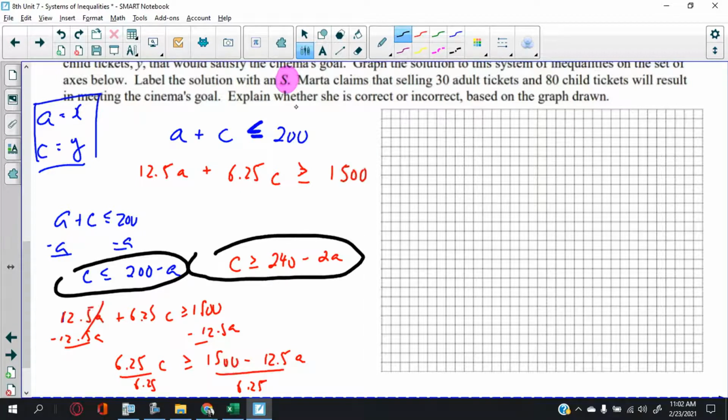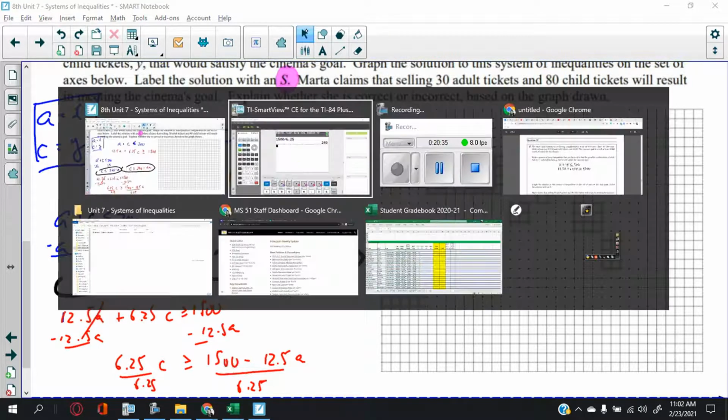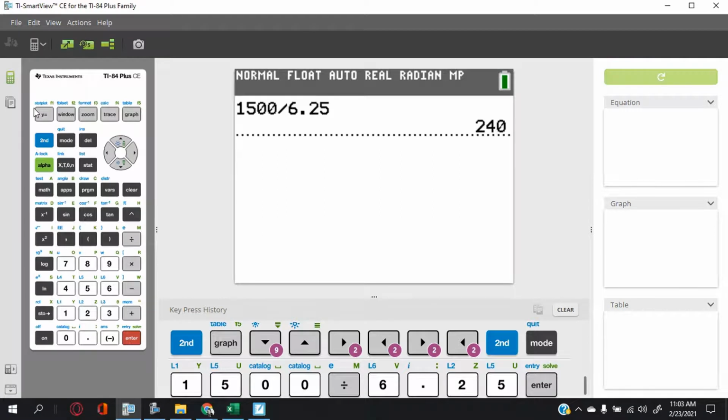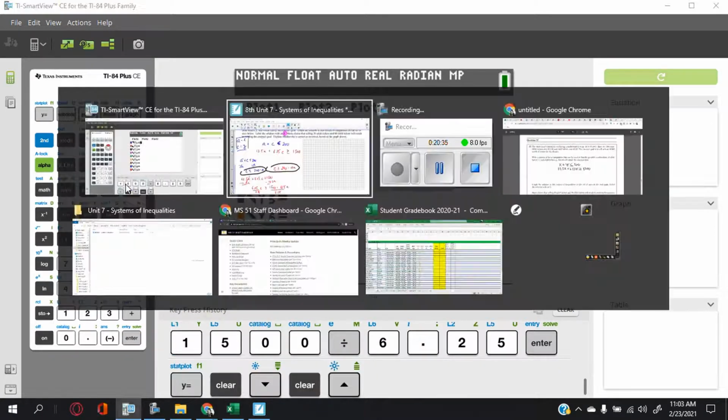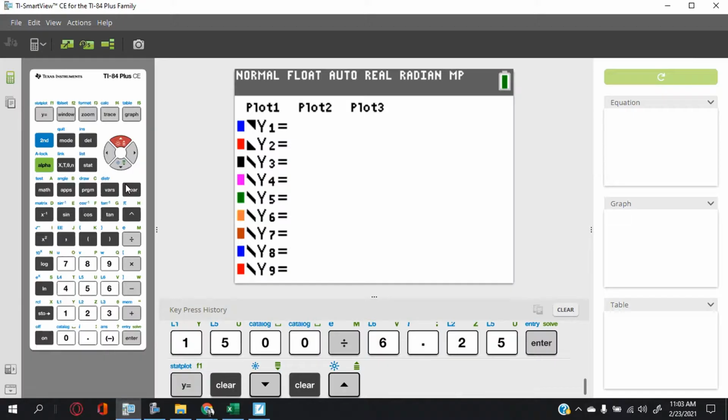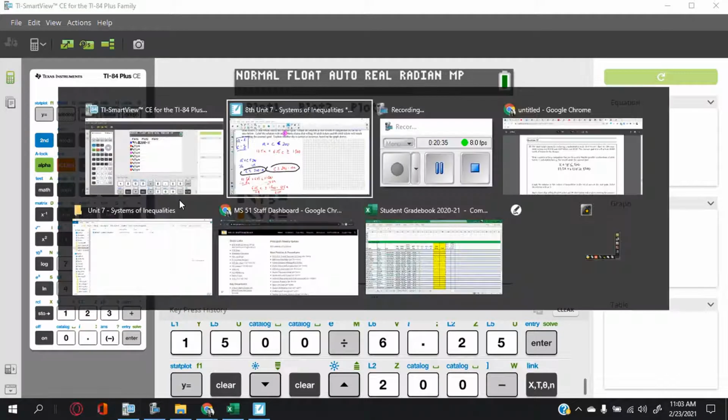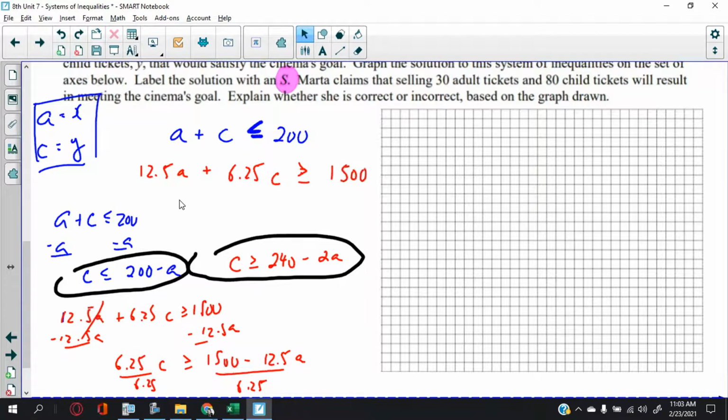All right. Clear. What is it? 200 minus x. Now what is that? That's less than or equal to.